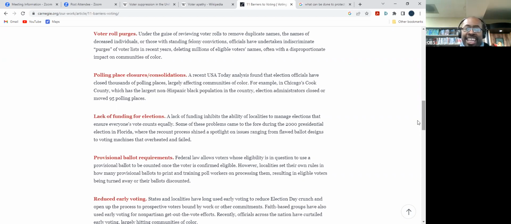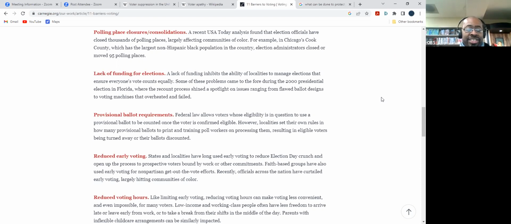So as long as you are in that line, waiting at your polling place to vote, and the poll is supposed to close officially at 7 p.m. local time, as long as you're in that line, you still are able to exercise your right to vote. So I encourage you, in those cases, don't leave the line, stay in the line. You still have an opportunity to vote. They have to keep the polling place open until everybody that is there has an opportunity to vote.